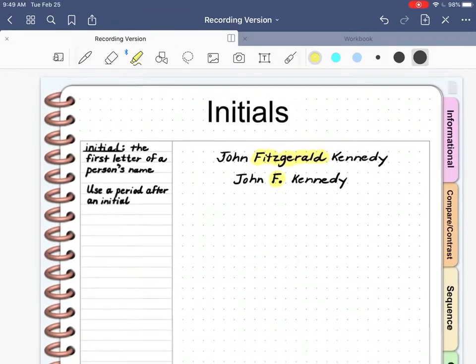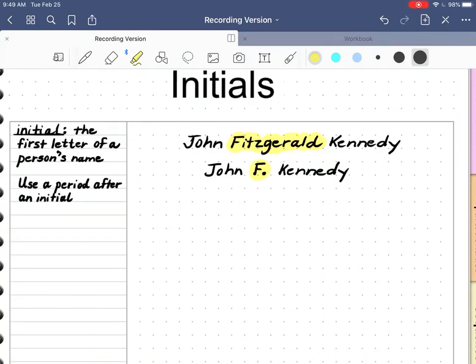Instead of writing out Fitzgerald, you can use the initial F. Okay, so that one's pretty straightforward. You're just putting in the first letter of the name. You could also use this form.